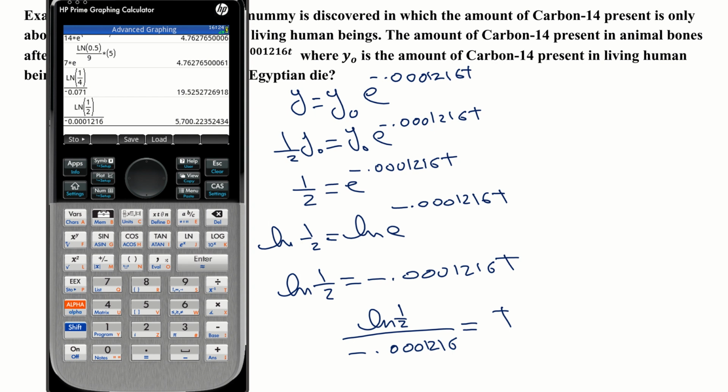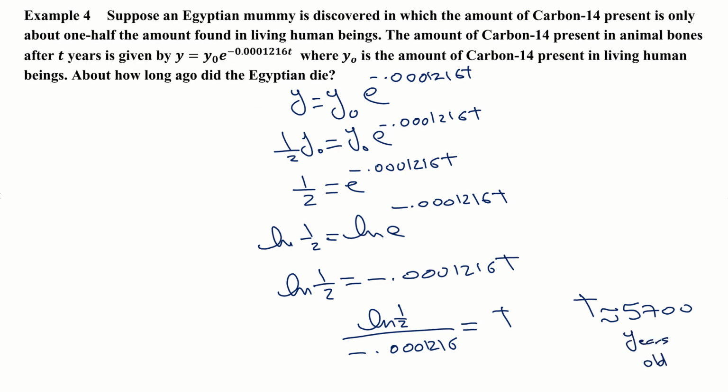So this particular mummy is approximately 5,700 years old. Notice that it's t years, right? So the units for time are given to us up there. All right, so that's basically how you would approach something like that.